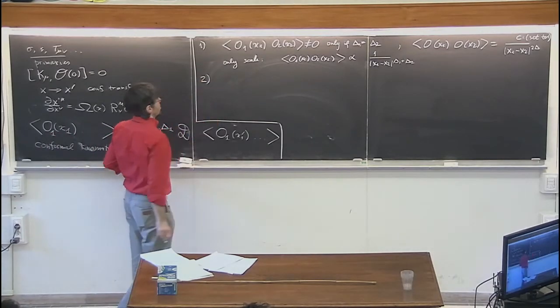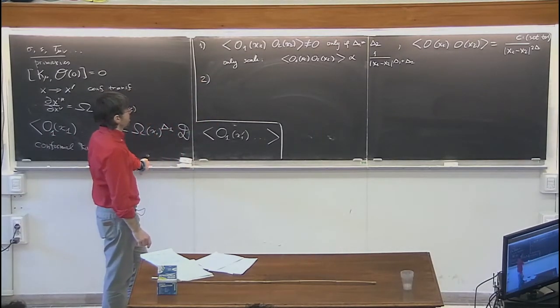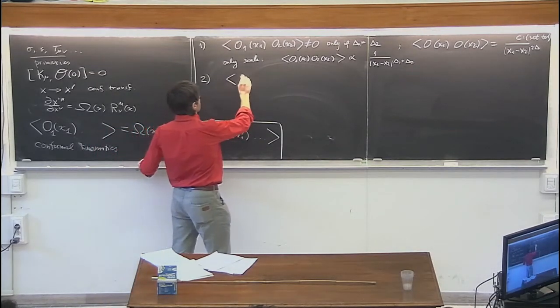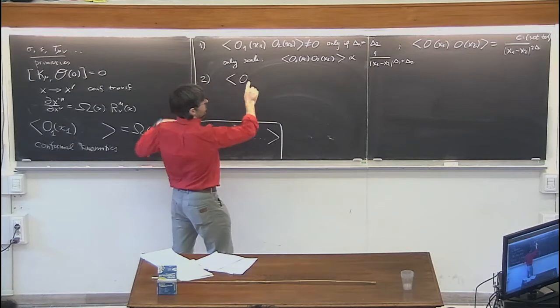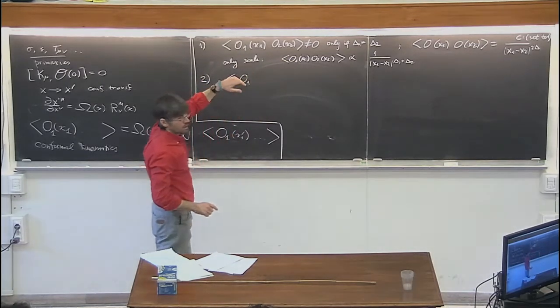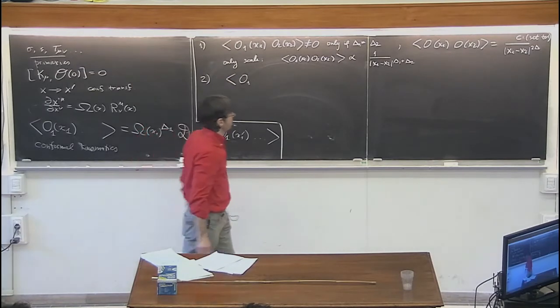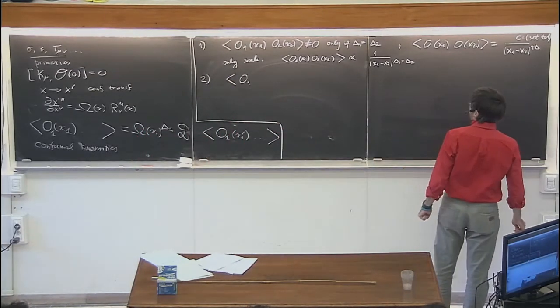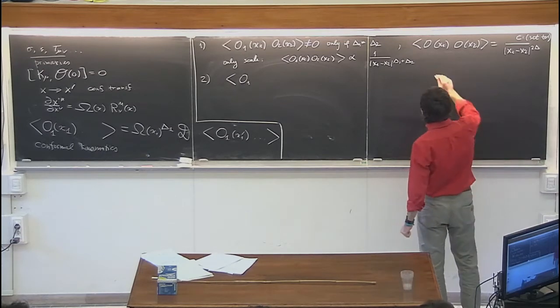Now, if you go to the 3-point function level, then we have the following result. By the way, here I'm dealing with scalar operators, but there is an analogous formula for operators with spin. So let me write it down.